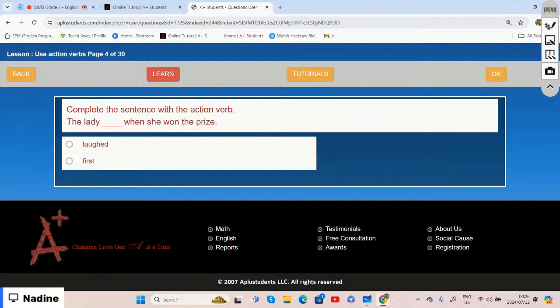The lady, right? Do we say the lady laughed when she won the prize, or the lady first when she won the prize? The lady laughed when she won the prize, or the lady first when she won the prize?